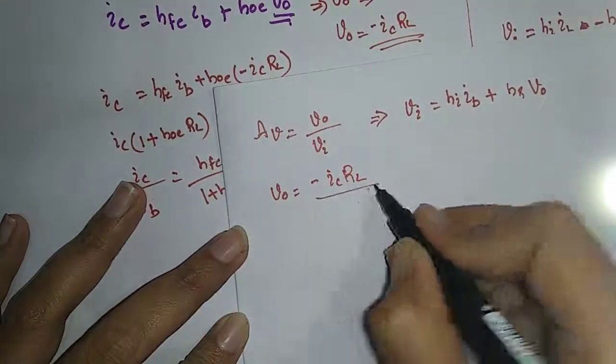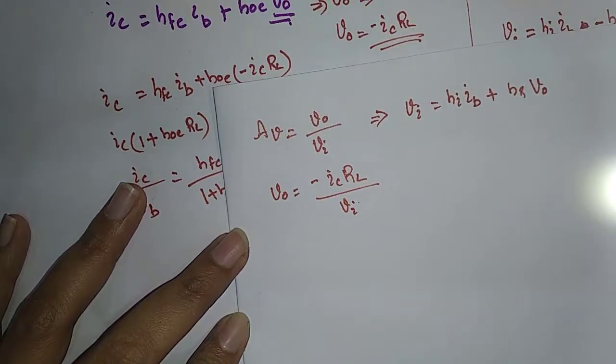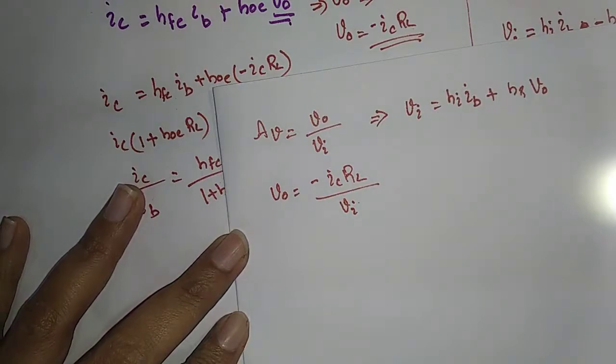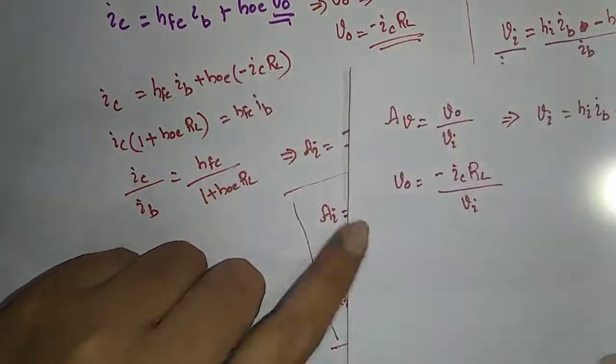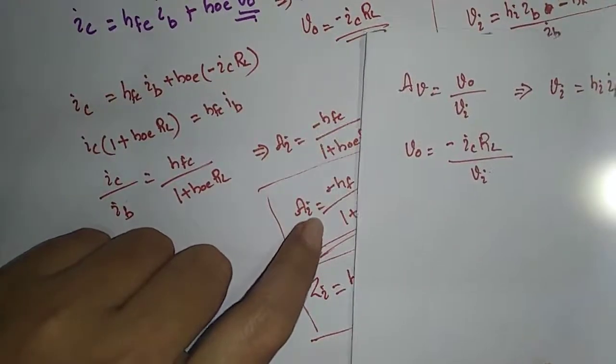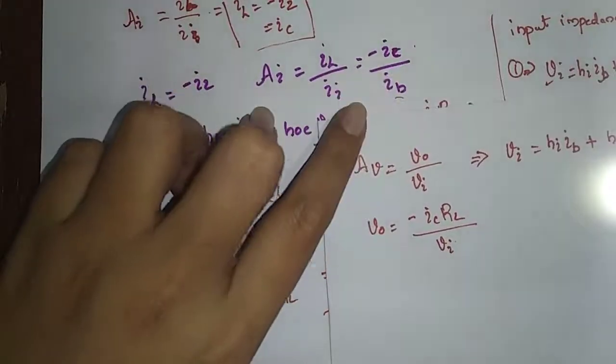That is output voltage divided by Vi, input voltage. This is the thing we are going to find out. That is minus IC RL divided by Vi. Okay, so how can I write this IC? This IC also we know from our current gain equation, minus IC by IB.